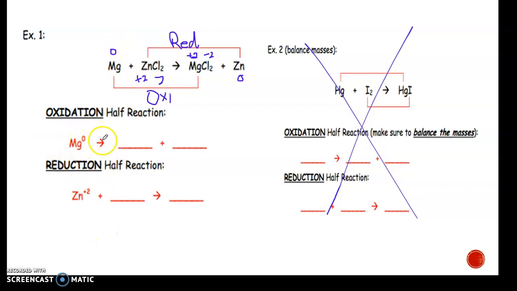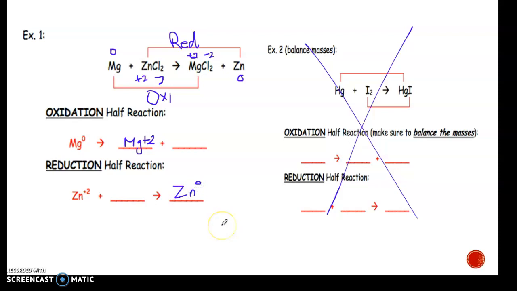I got Mg 0 and Zn +2 all from the left side of the reaction. Now I'm going to do the right side of the reaction, the product side. Magnesium on the product side has Mg +2, and zinc on the product side is just Zn 0.